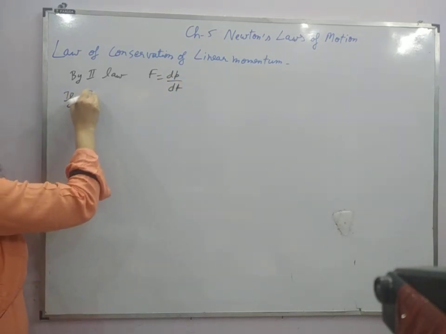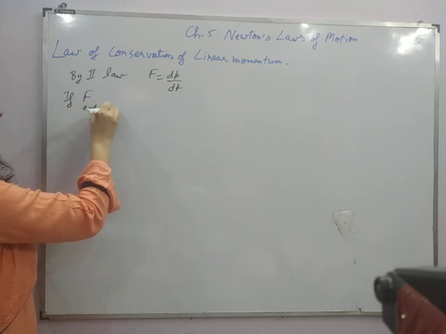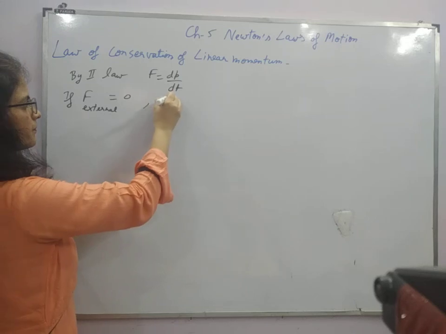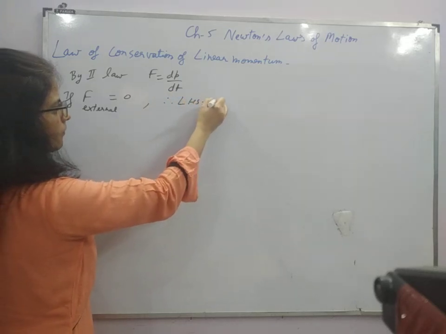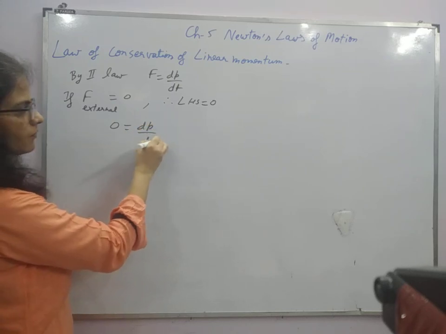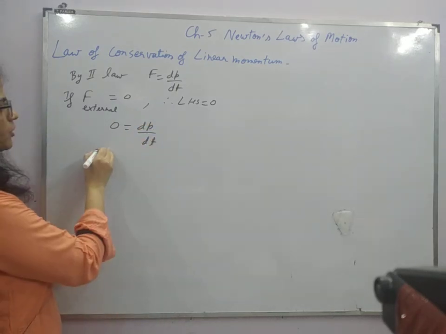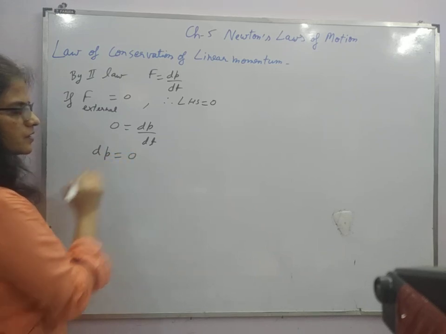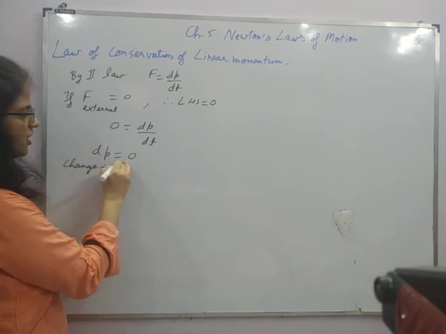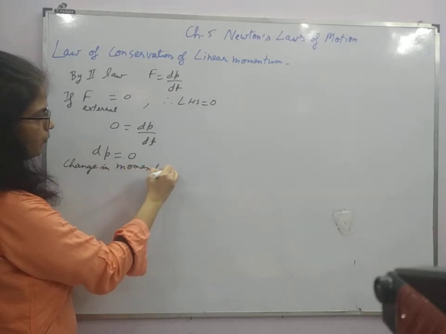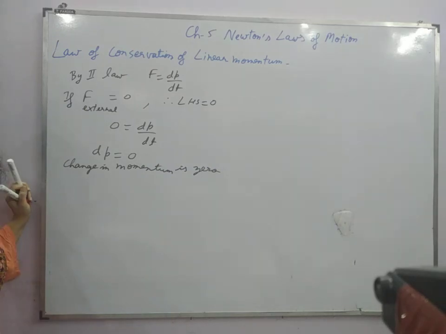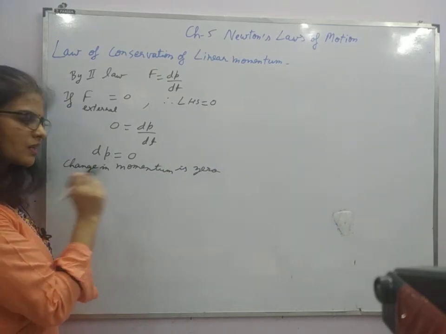If F external is 0, that means the left hand side is 0, so this is the equation now. So from here dp is 0, that means the change in momentum is 0. What does that mean? That the momentum is conserved.